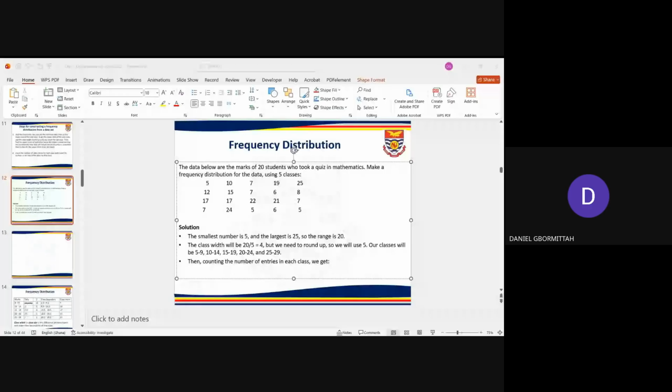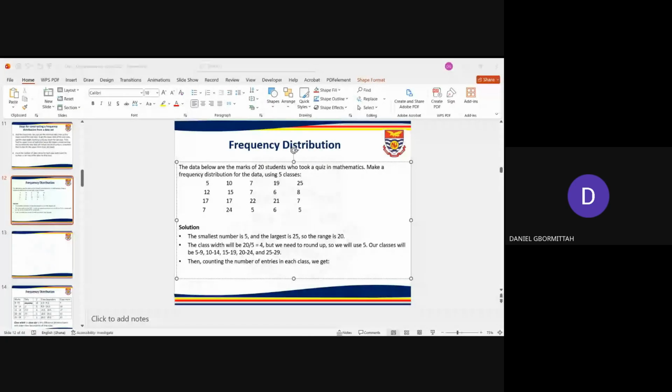The class size is 5. But the number of classes they asked us to form was 5. They said we should form 5 classes from the data given. So count the number of classes that we have there. If it is more than 5, then it means we are wrong. The first class is those from 5 to 9.